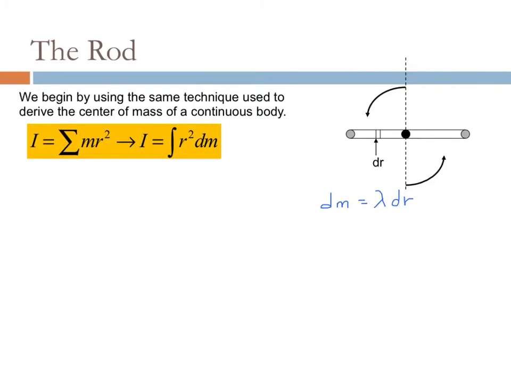So in this case, because our mass is being evenly distributed over the entire length, our lambda is actually going to be equal to our total mass divided by our total length. So we can actually make that substitution now.